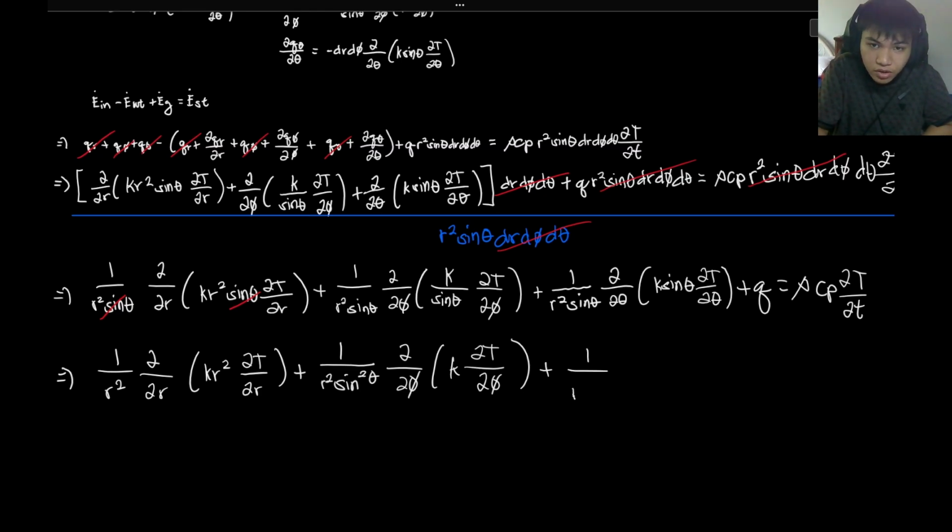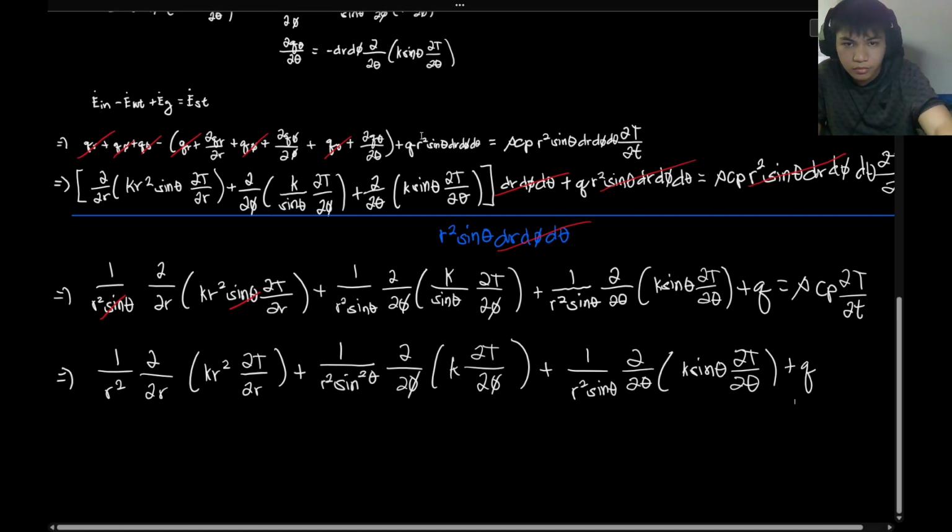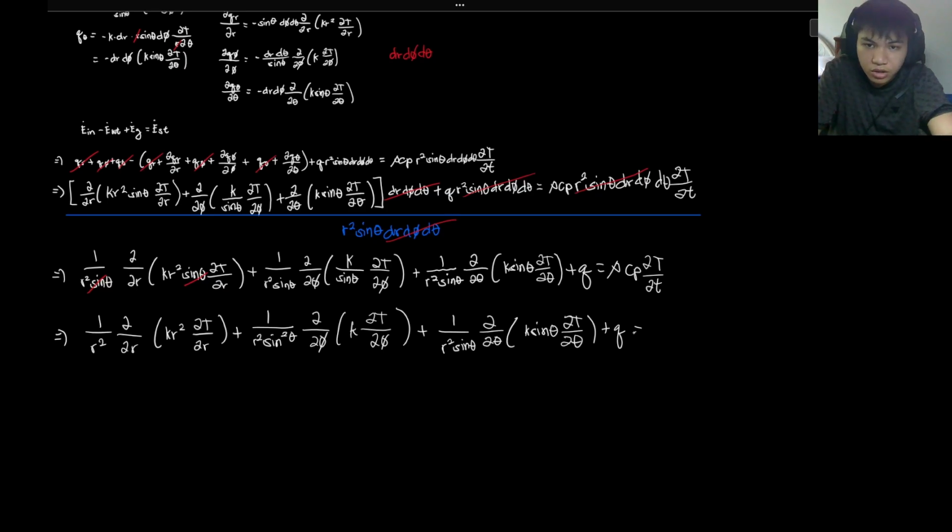So we have 1 over r squared sine theta, the partial derivative with respect to theta, and then k sine theta, partial derivative with respect to theta, plus q equals rho Cp, the partial derivative of temperature with respect to time.